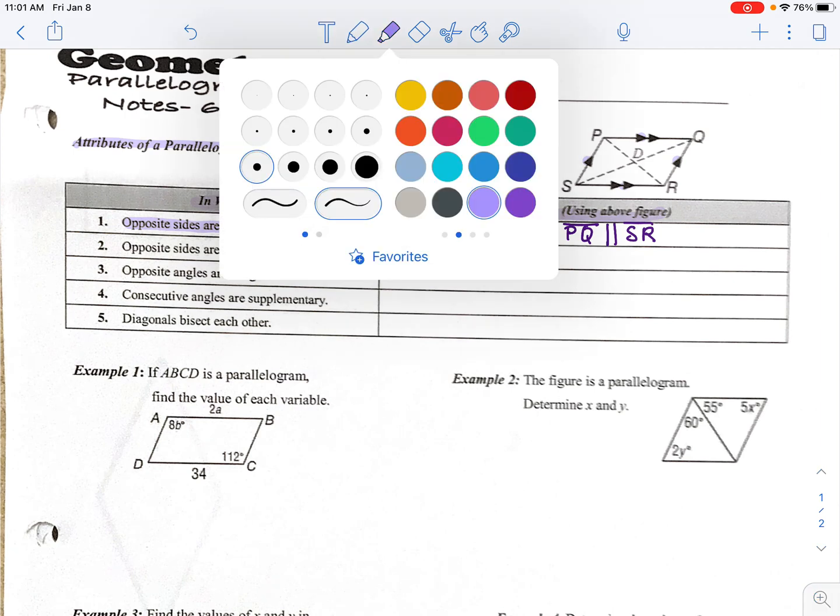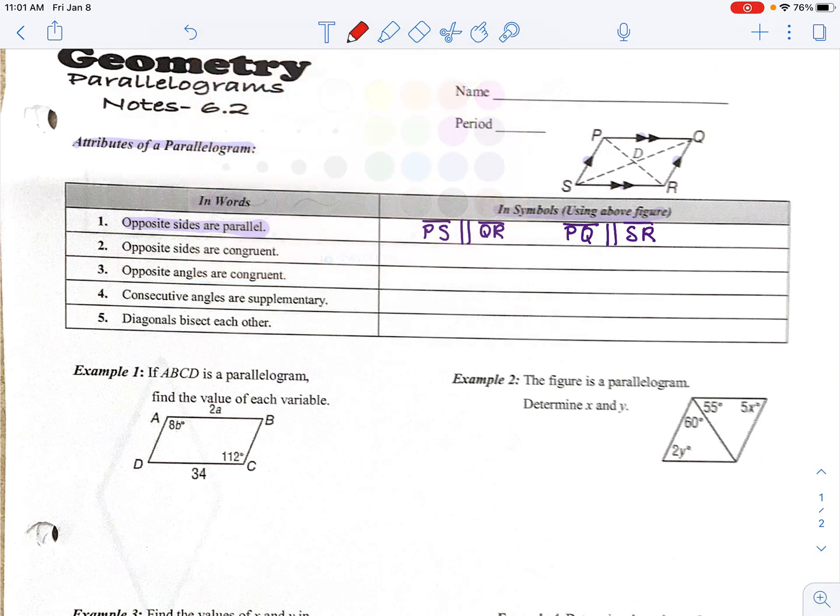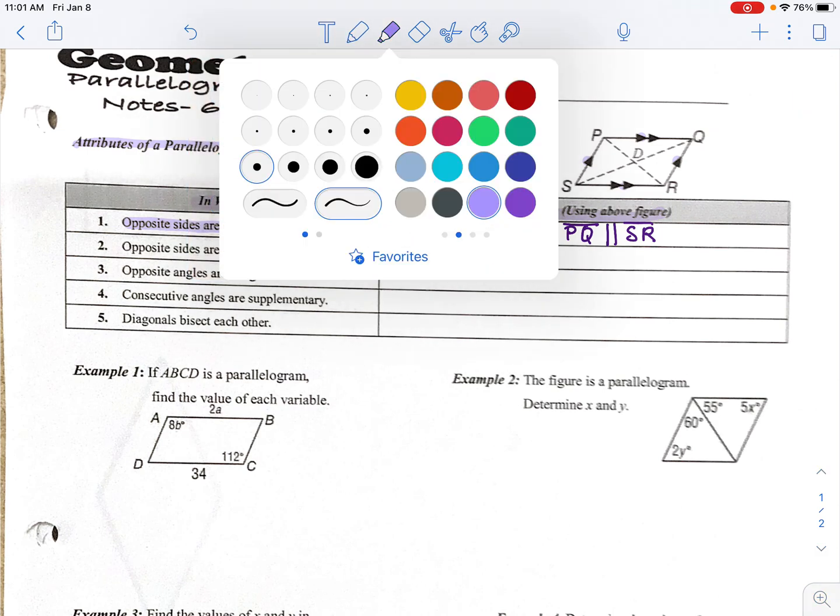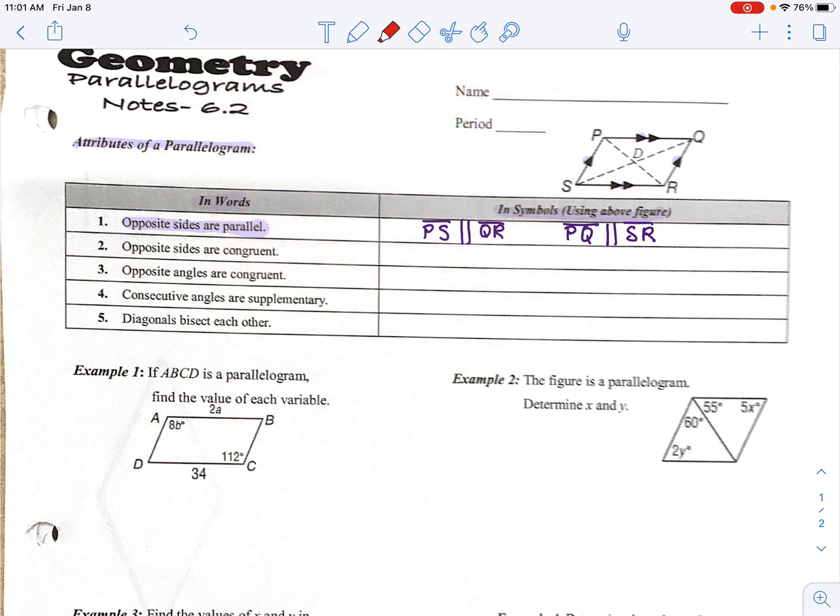Next one is opposite sides are congruent. To show that opposite sides are congruent, we use little tick marks. So this side will be the same length as this side: tick mark, tick mark. So we have that PQ is congruent to SR, and that PS is congruent to QR.